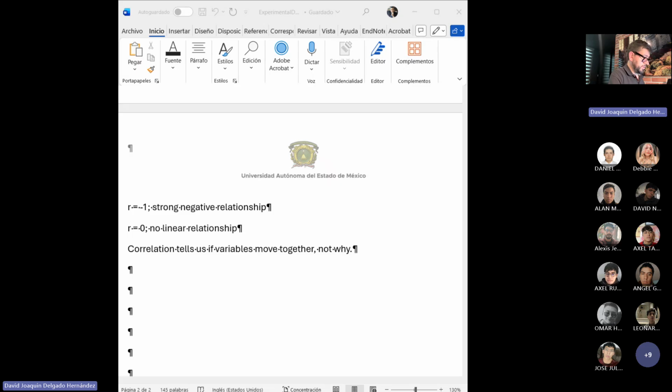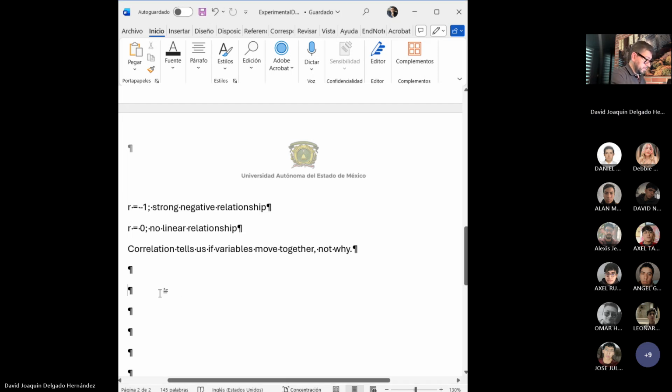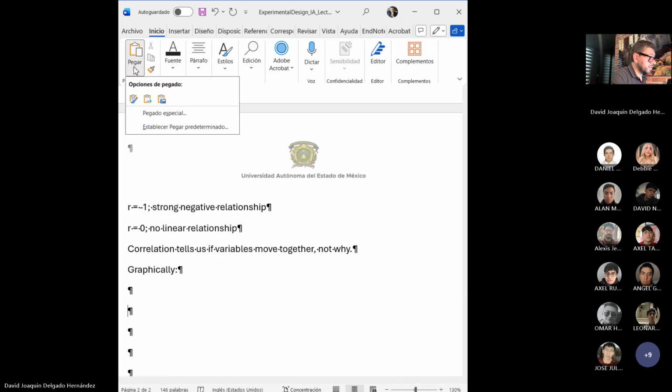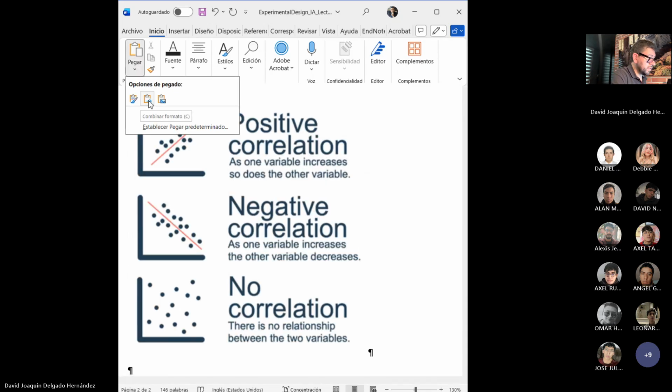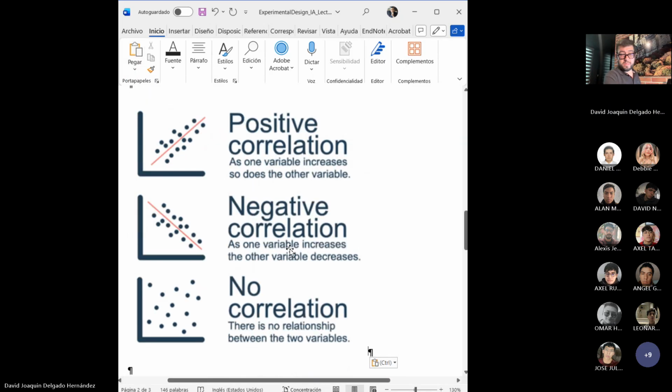So I am going to put this figure, graphically. Okay. So here is the explanation, right?